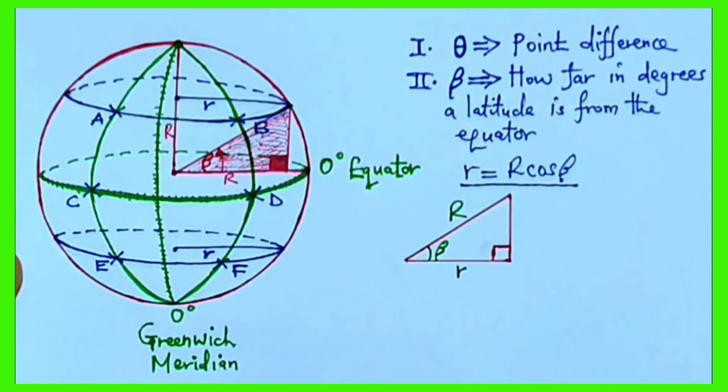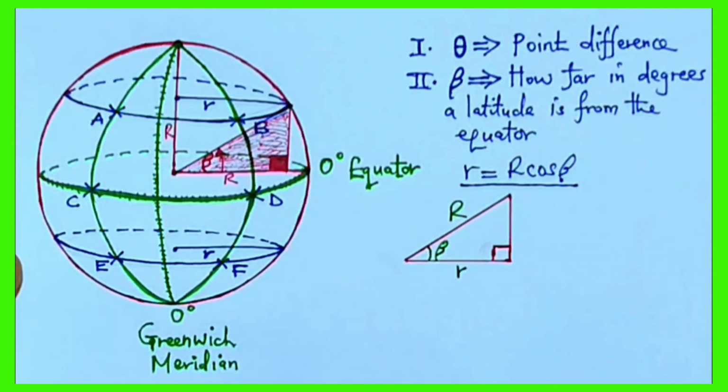So then, using our knowledge of SOHCAHTOA, and we are looking for r, that is the base. And if this is the angle, this line here will be its adjacent. So we have the adjacent and the hypotenuse. We are going to consider the cosine of an angle.